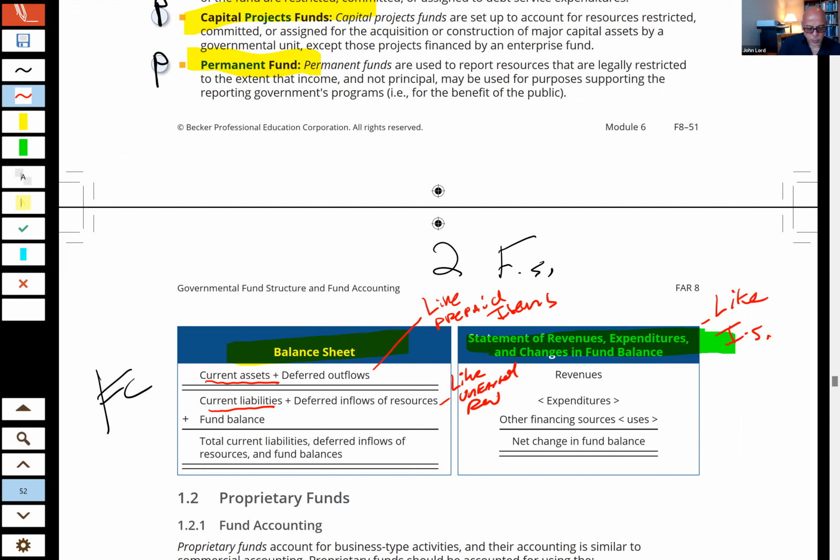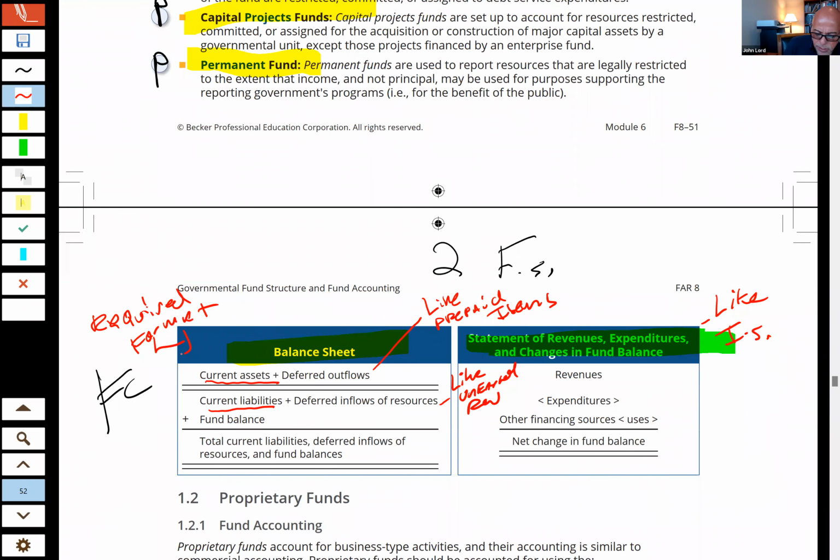Okay. Now, when you look at the way this balance sheet is required, this is the required format for the balance sheet. Let me ask you this.